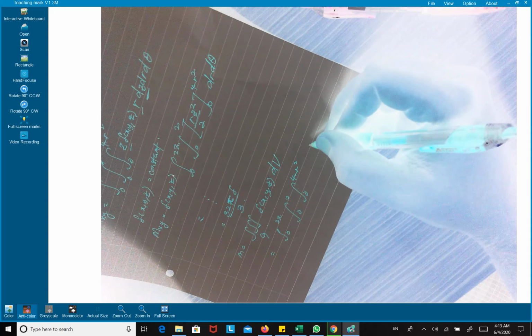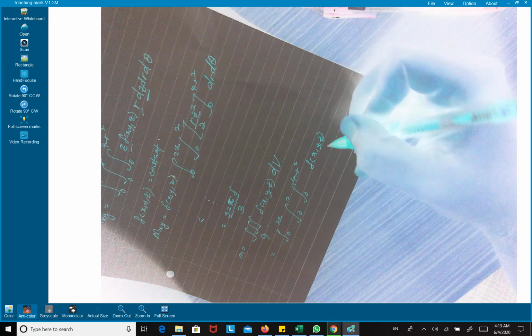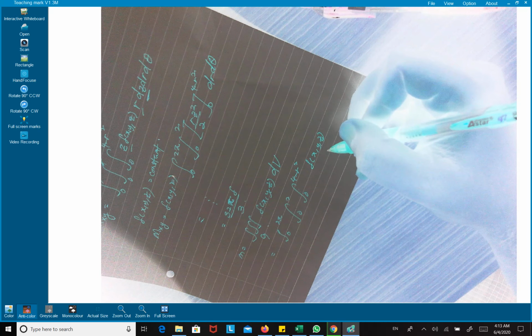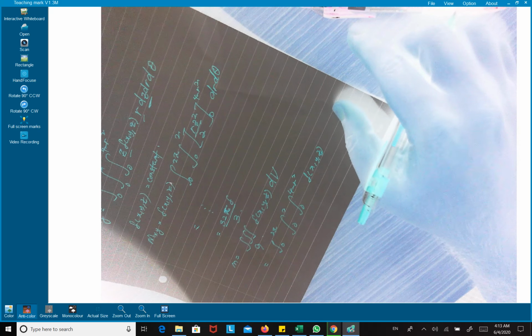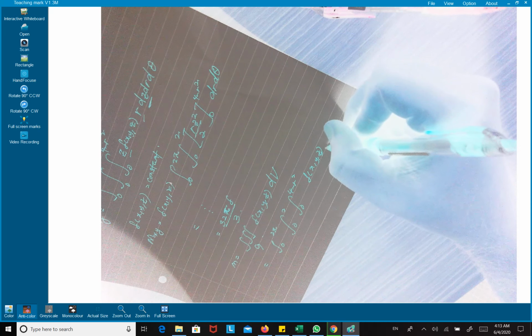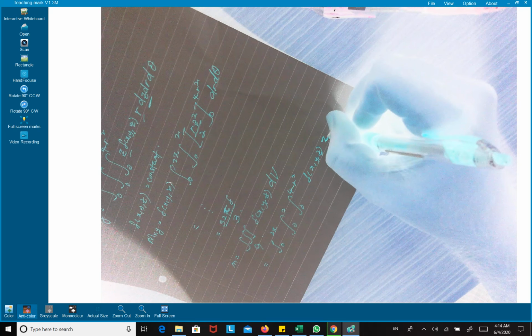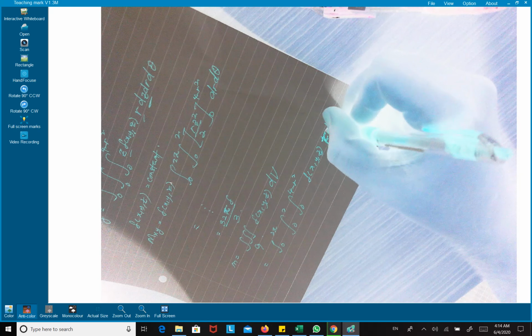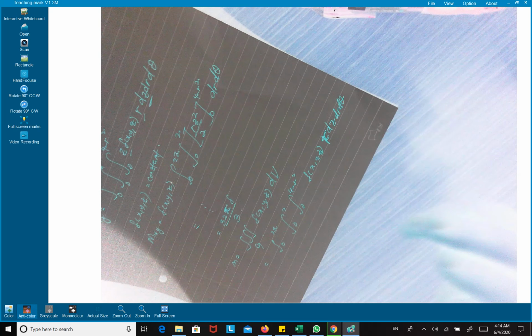Delta is a constant, and times dV, that is r dz dr d theta.